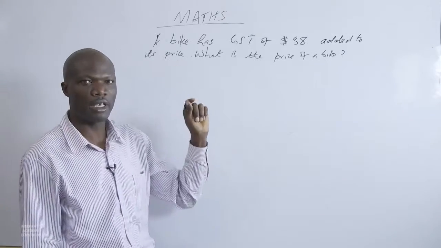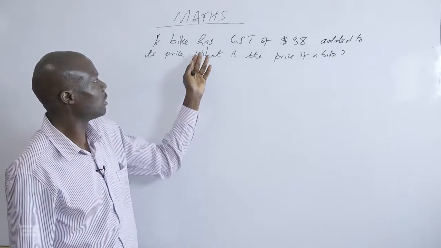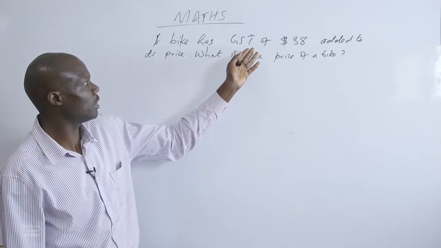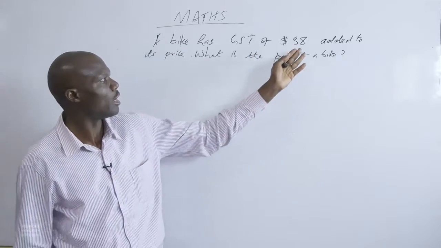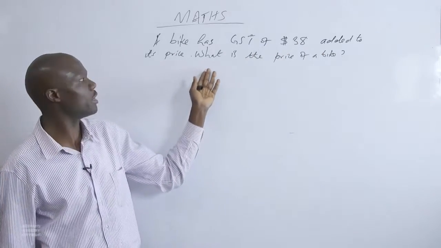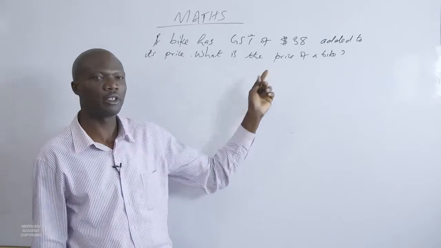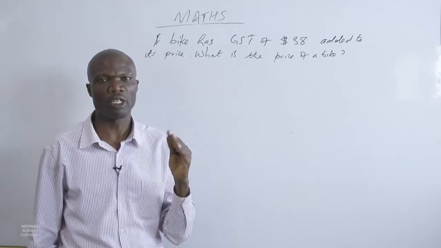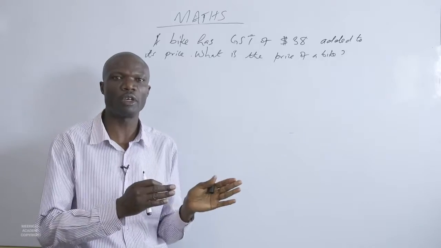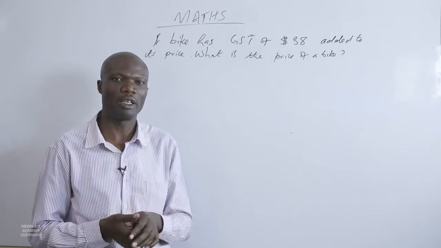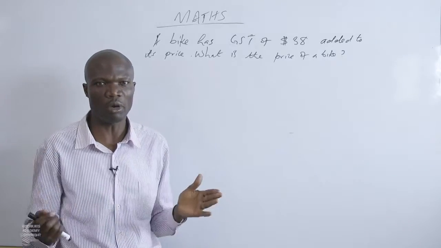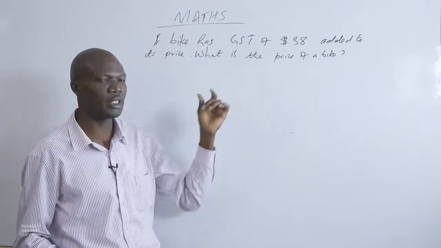So a bike has GST of $38 added to the price. What is the price of the bike? So in this question, we don't have the percentage, but we have been given the GST as an amount, that is $38.